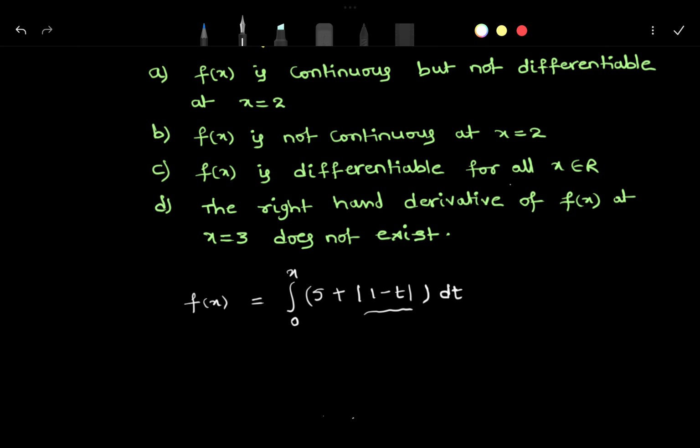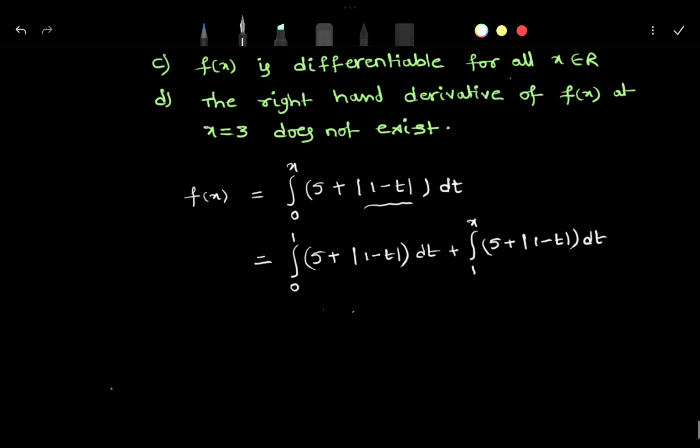So you have to write this as integration from 0 to 1 of 5 plus modulus of 1 minus t dt, plus integration from 1 to x of 5 plus modulus of 1 minus t dt.